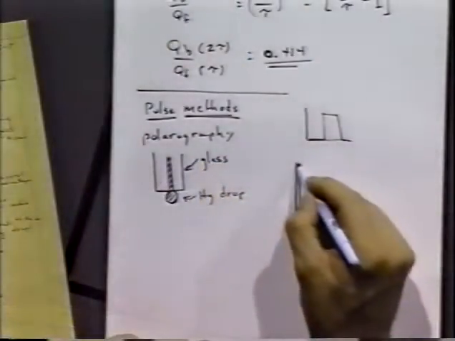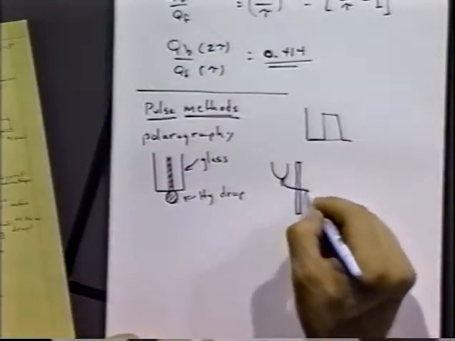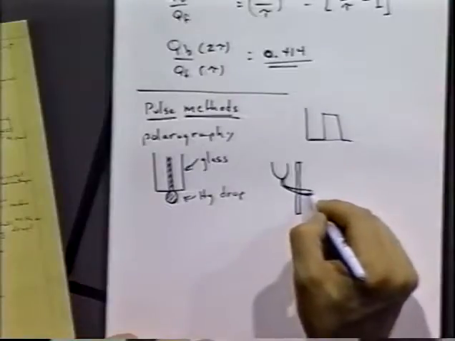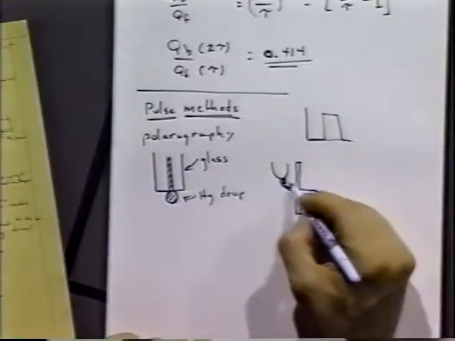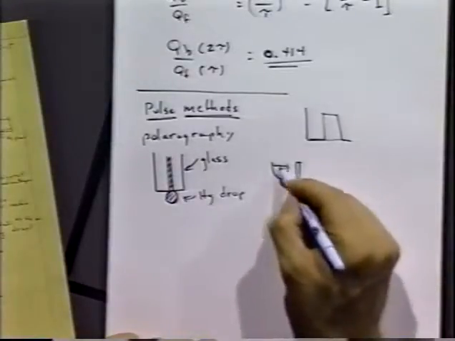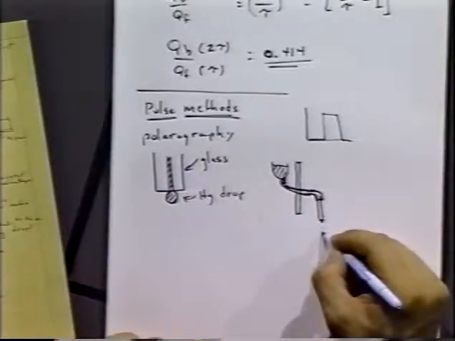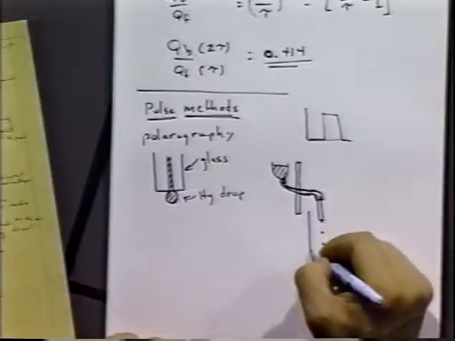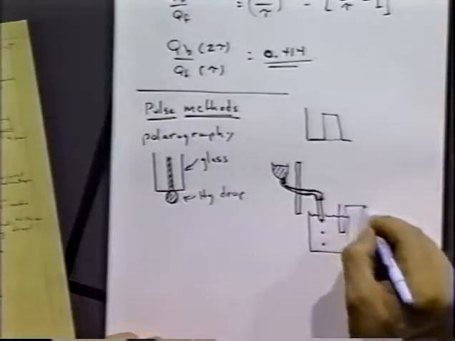The simple experiment is if I take a reservoir of mercury, hook it up to a flexible tube and my glass capillary. I'm not drawing very well here, but put this in a solution with, say, a reference electrode.